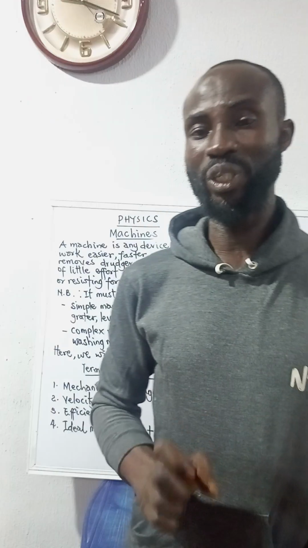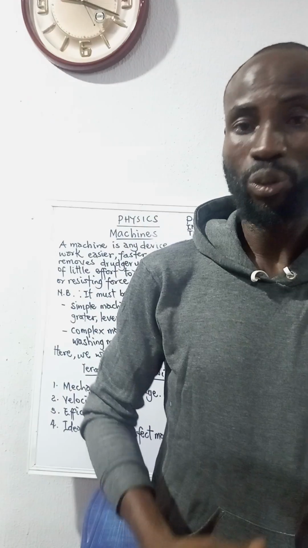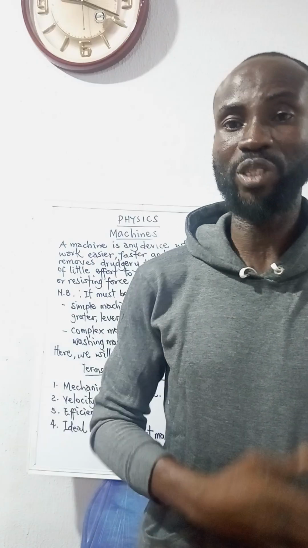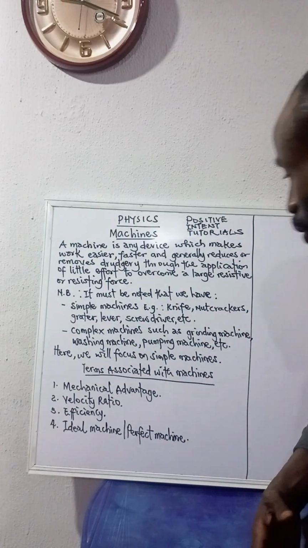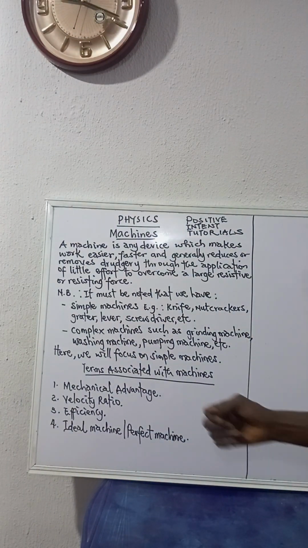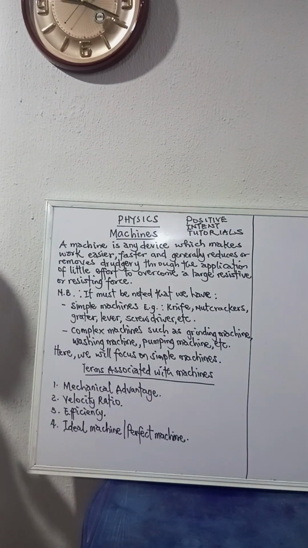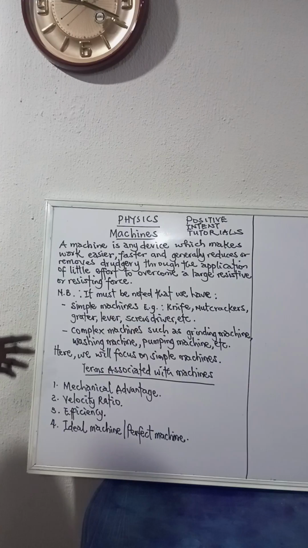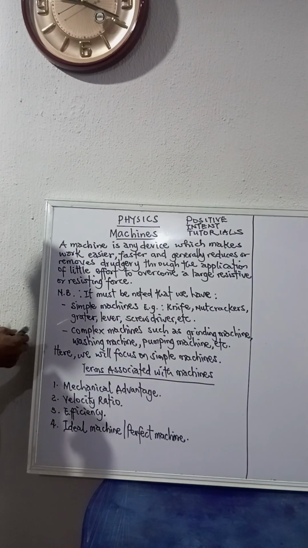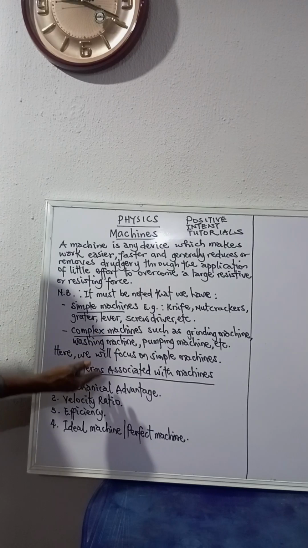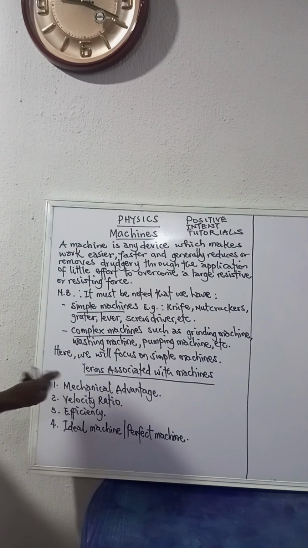So that is what we are trying to introduce tonight, and we are going to look through the calculation aspects of it as well. So to cut the story short, we have it clearly stated here that we have two categories of machines: simple machines, and we also have complex machines with their examples well stated.